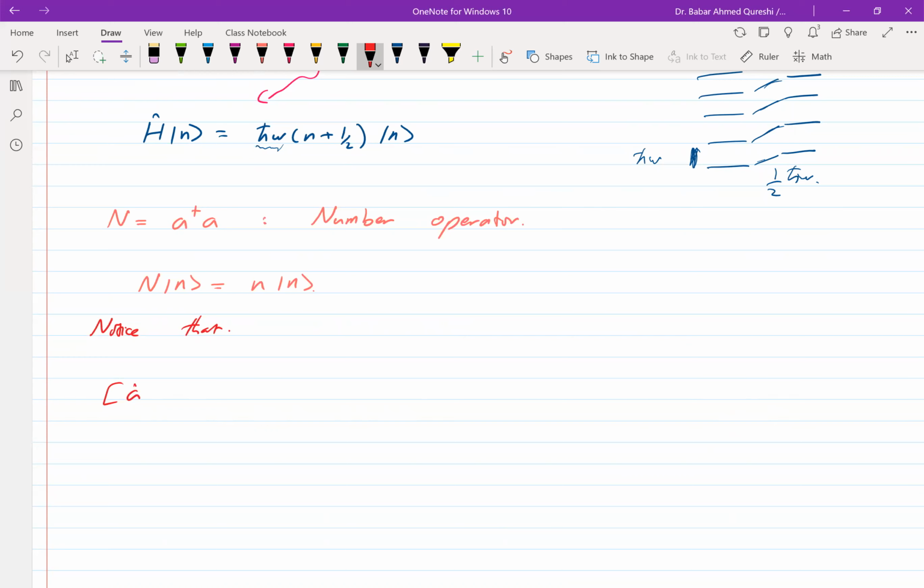These commutators, so what is this commutator? This is A with A dagger A. And since I had computed the commutator of A and A dagger in the beginning, I can use that to compute all these. So the commutator acts like a derivative.